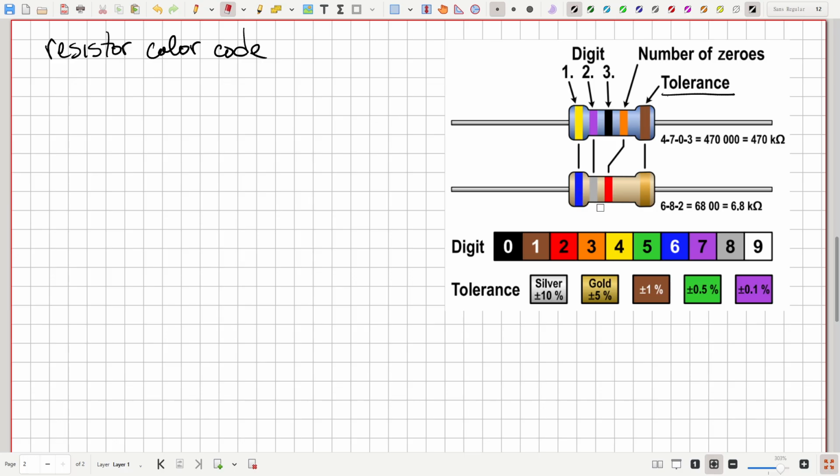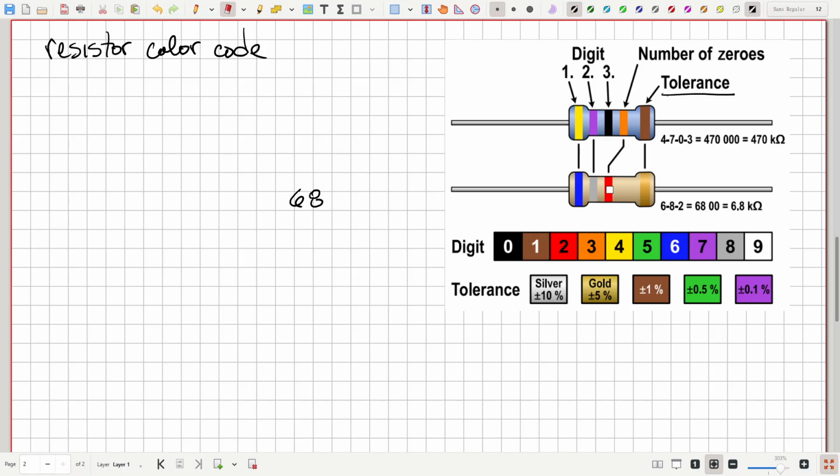In both cases, the first bands, either the first 3 for the 1% resistors or the first 2 for the 5%, give you a numerical value based on these different color codes. Okay, so let's look at the bottom resistor. We've got a blue band here, that's 6, followed by a gray band, which would be 8, so 68.